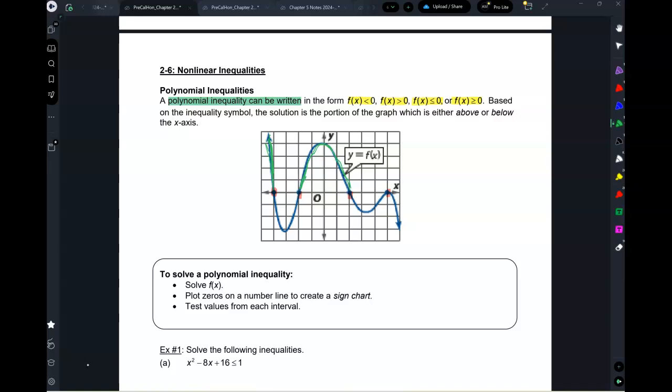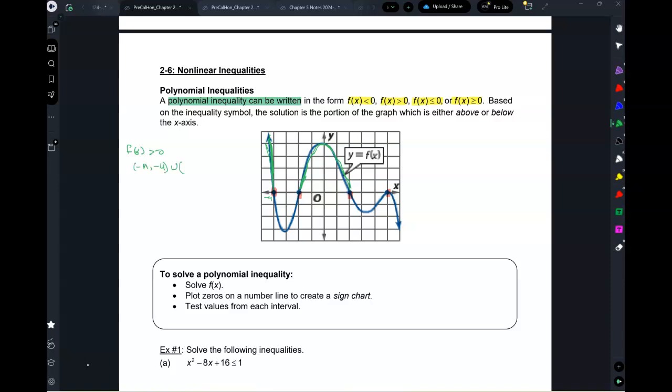And the way in which we define the regions is the same way that we define the intervals where the graph is increasing or decreasing, using the x values. So in here, for example, f of x is greater than 0 from negative infinity to, what is this point here? 1, 2, 3, negative 4, right?